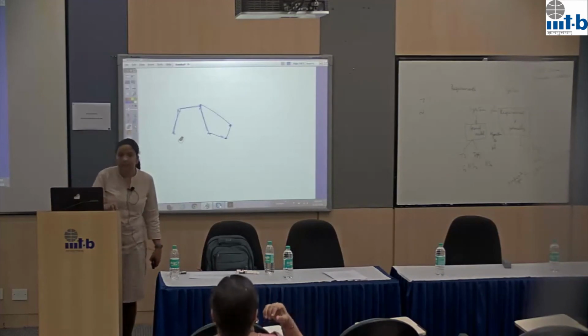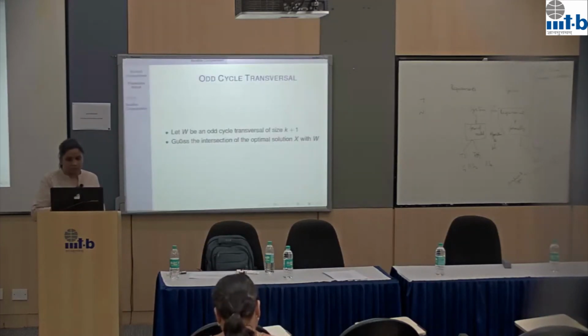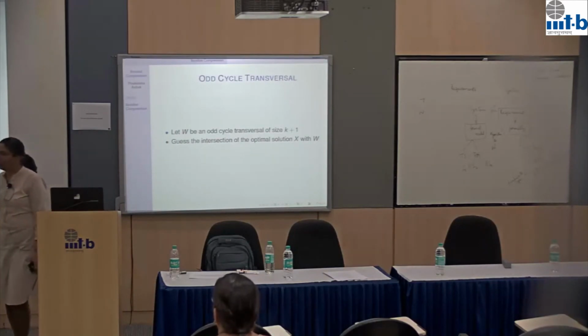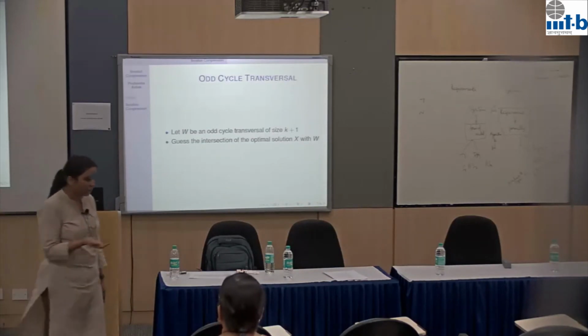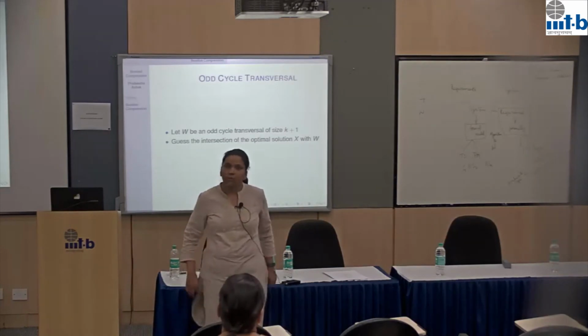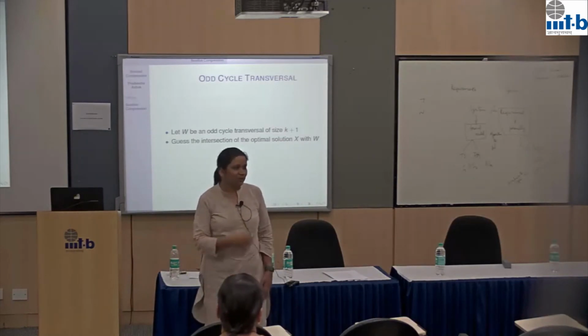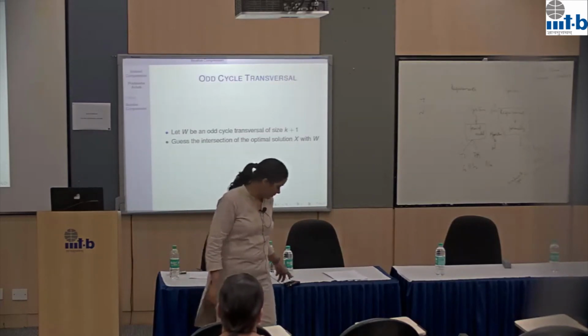So the question is, does there exist an OCT of size k? It's clear that if the graph contains only k plus 1 vertices, you trivially get an OCT of size k plus 1. You take all the vertices, delete everything, and get an empty graph, which obviously does not contain any odd cycles.